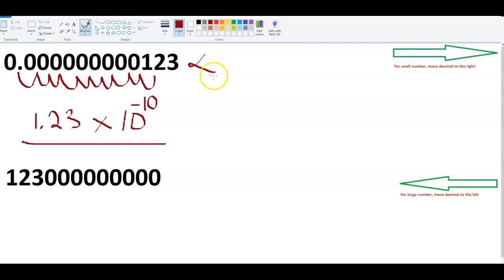If you remember the number line, you have negative on the left, and then on the right you have positive. So if you have this here, it means that if I'm writing this, I'll simply move that decimal point by counting 10 places to the left in order to get me back the original number.